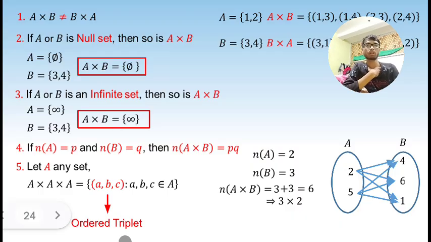Now next we have the ordered triplet. Here an ordered triplet is a coordinate which has 3 elements in it, surrounded by parentheses.